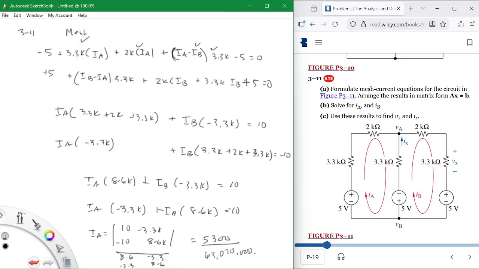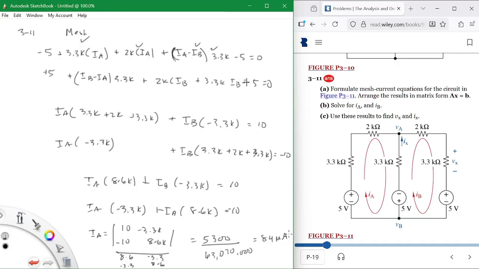Yeah, so it's 5,300 divided by 63,070,000 equals what? 0.000084 or 84 microamps. That's it. That's IA, and IB you do the same thing for.